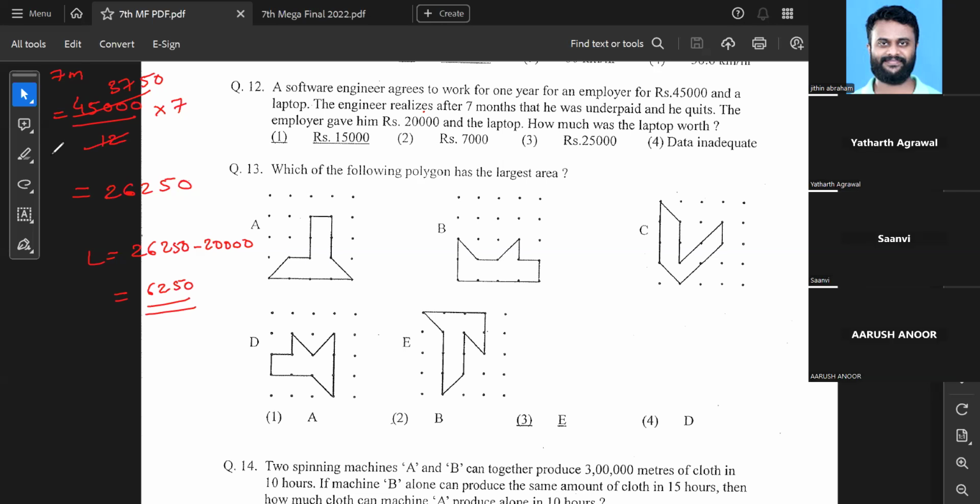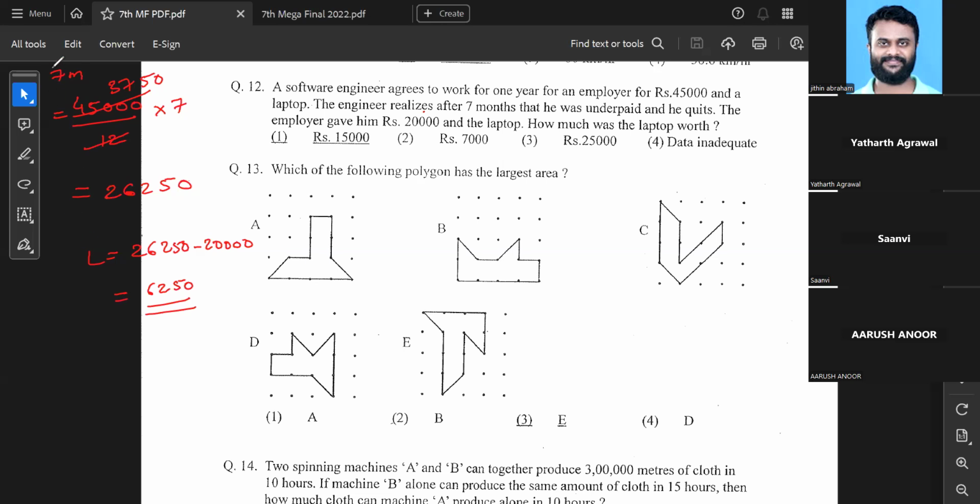Sir, if we do 45,000 plus L for the laptop minus 20,000 plus L for 7 months, we will get 25,000 as the salary for 5 months. Then we divide it by 5. So we get 5,000 for 1 month. Then if we multiply 5,000 by 7, we get 35,000.